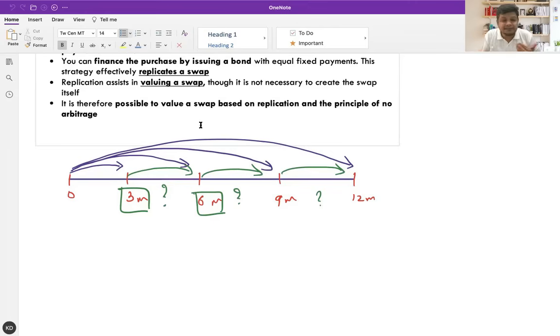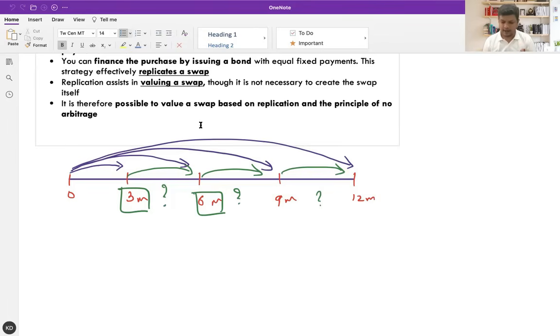Based on our expectations, because we don't know the future LIBORs, today we will decide what fixed rate we both agree at. We may not have calculated it randomly. We must have calculated using our assumptions of the spot rates, right? Using our assumption of the future forward rates from the spot rates.